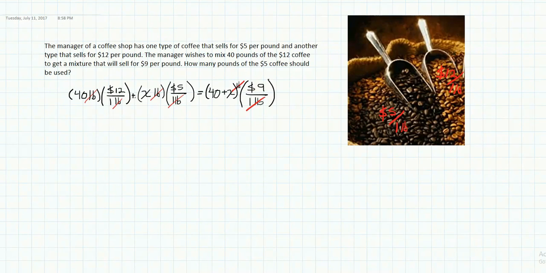We have basically only dollar signs left, so a dollar sign 40 times 12 plus dollar sign x times 5 equals dollar sign 40 plus x times 9. And of course, you know, the dollar signs are kind of extraneous.